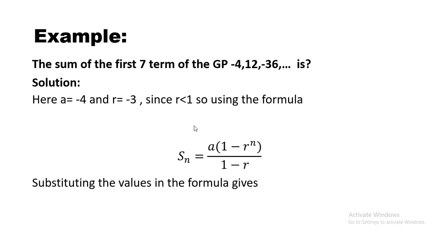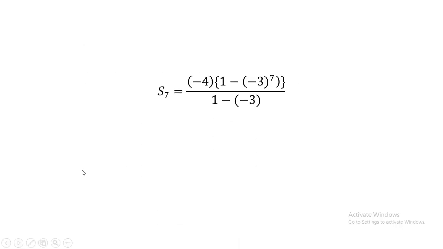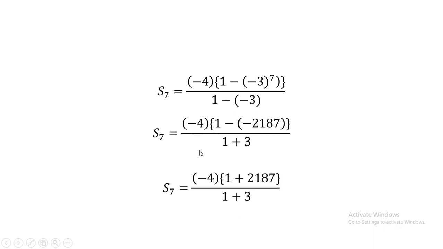So I have substituted the values of a and r into my formula and simplified it a bit: minus 3 power 7 is minus 2187, minus 4 as it is, 1 minus into minus is plus, 2187 divided by 1 plus 3.